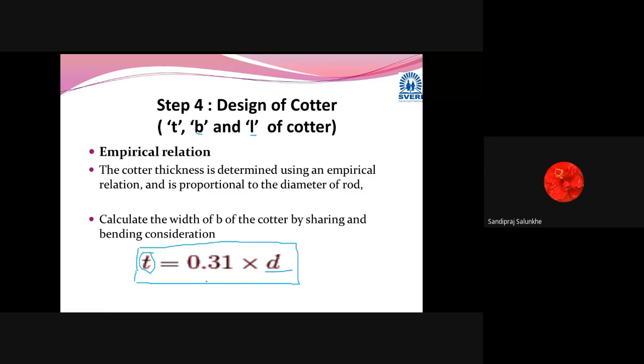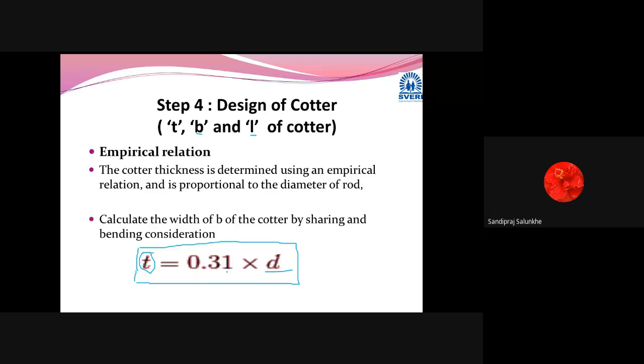Now, there may be tensile stress, shear stress, compressive stress, or crushing, and crushing and compressive are the same as we are going to consider. So these stresses we have to just imagine, and the area which will be encountered by the stress. That's why we have not calculated this T in the beginning.